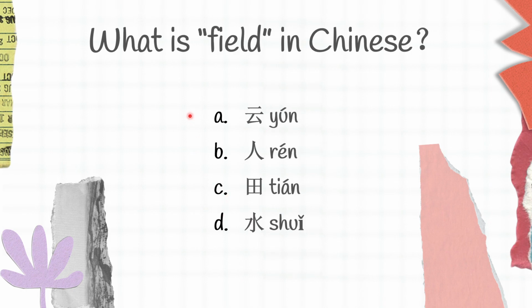The next question here. What is field in Chinese? So we have A. 云, B. 人, C. 田, and D. 水. So I will give you some time to think.